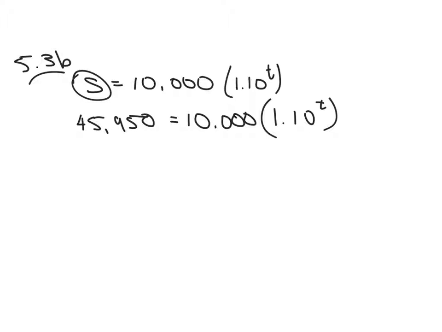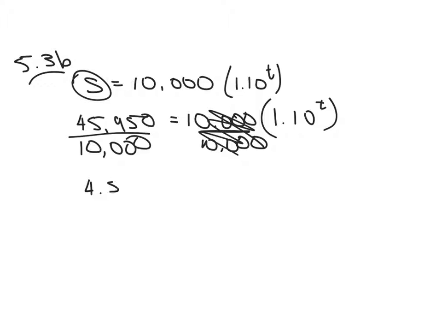Because t is the exponent, we're going to put this in logarithmic form in just a minute, but we're going to first of all get rid of that by dividing both sides by 10,000. And those go away. And 45,950 divided by 10,000 is 4.5950 equals 1.10 to the t.